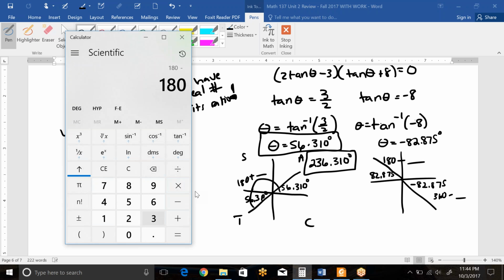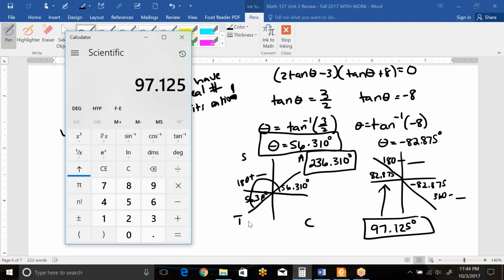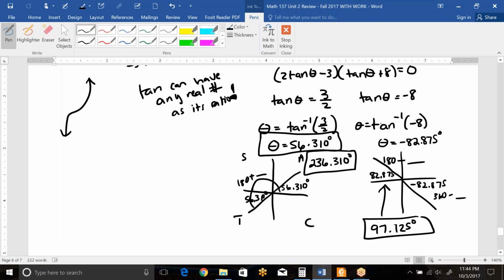So 180 minus 82.875 is 97.125. That's the one from quad 2. And the one in quad 4 is 360 minus 82.875, which is 277.125.